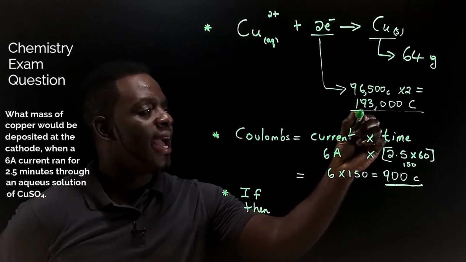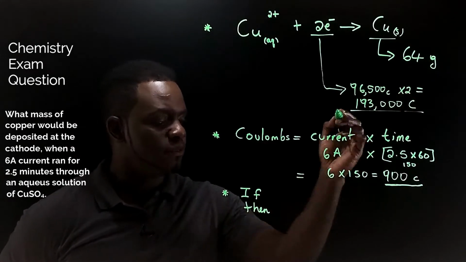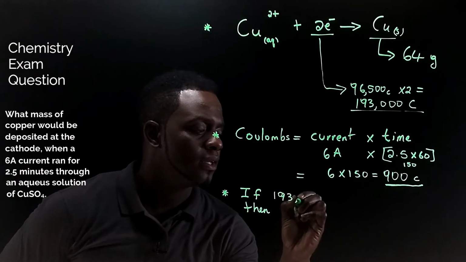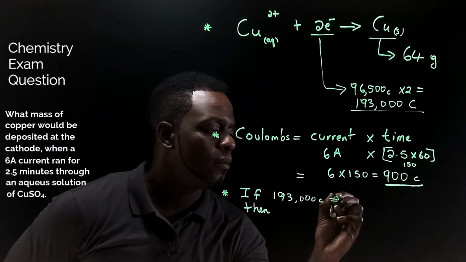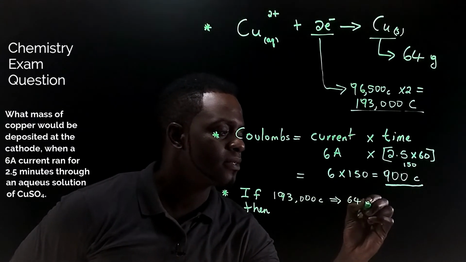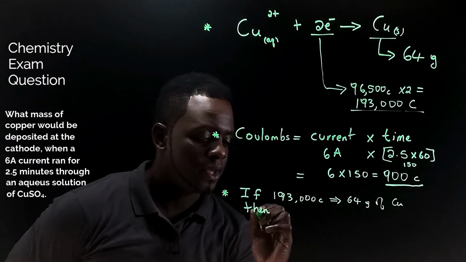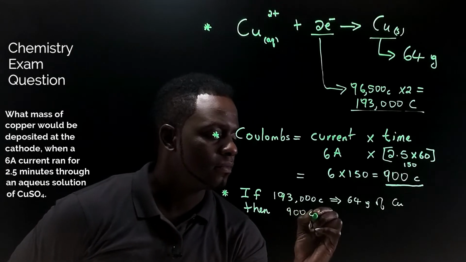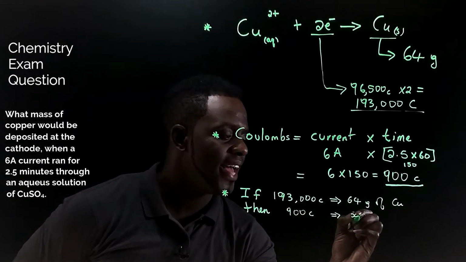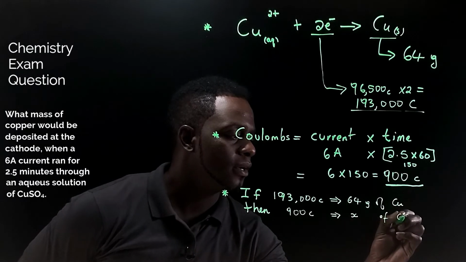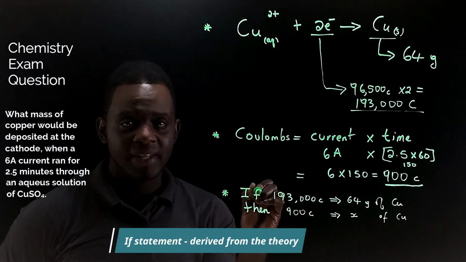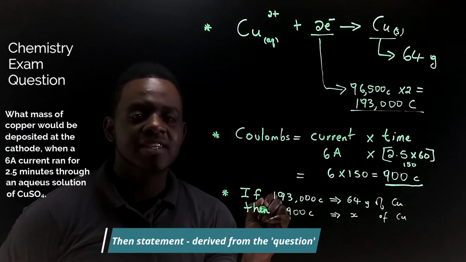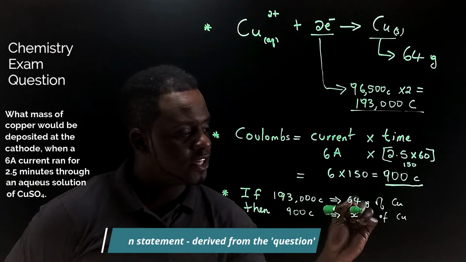If 193,000 coulombs produce 64 grams of copper, then 900 coulombs produce X grams of copper. Notice that the if statement is derived from the theory and the then statement is derived from the question itself.